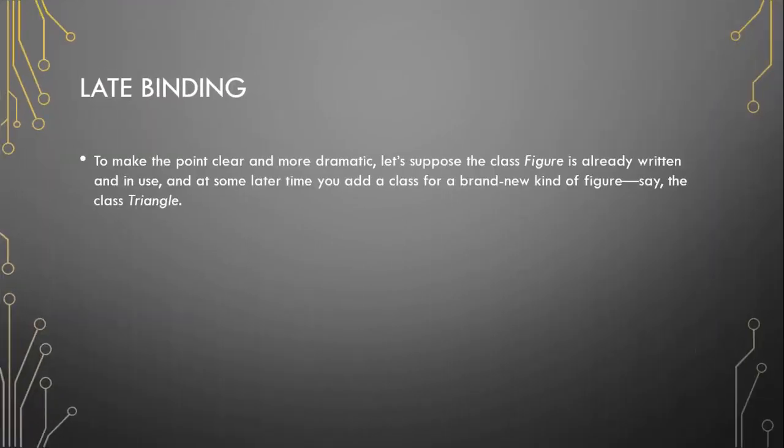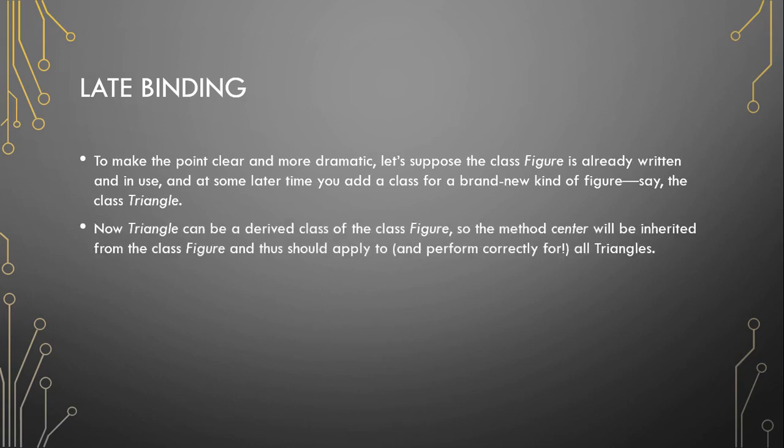To make our point clear and a little more dramatic, let's suppose the class figure is already written and in use, and sometime later we decide to add a class for a brand new kind of figure. Let's say the triangle. Obviously the triangle can be derived from the class figure, so the method center will be inherited from the class figure and thus should apply to and perform correctly for all triangles. But there is a complication.